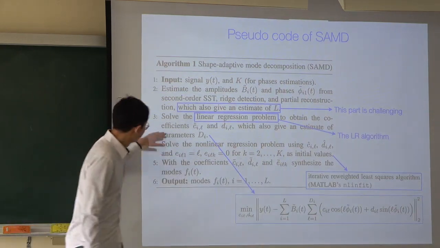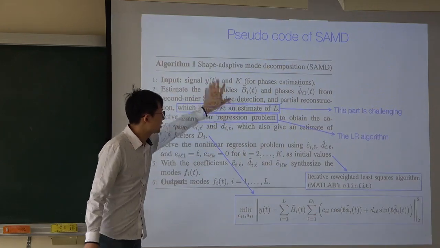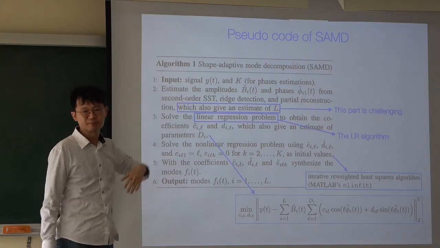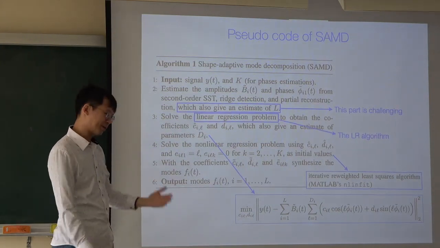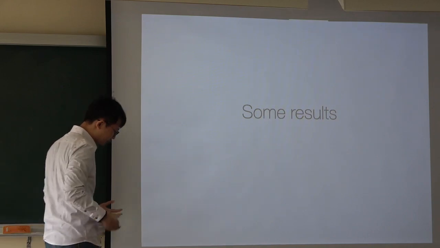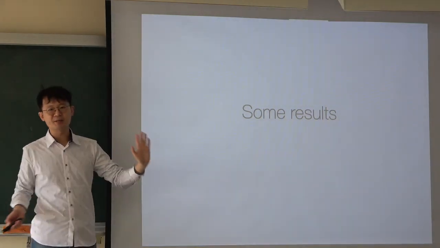Well, sorry, you need to run, for example, synchrosqueezing, ridge detection, and reconstruction of each component, and so on. But the code is actually short. So this is the algorithm, very simple. Now let's see the result.